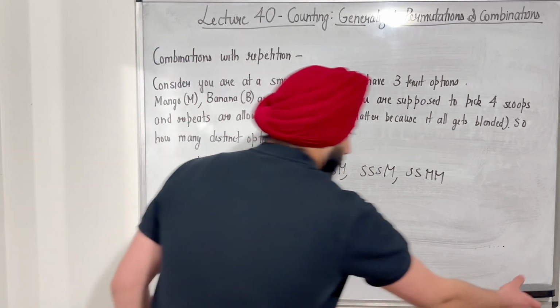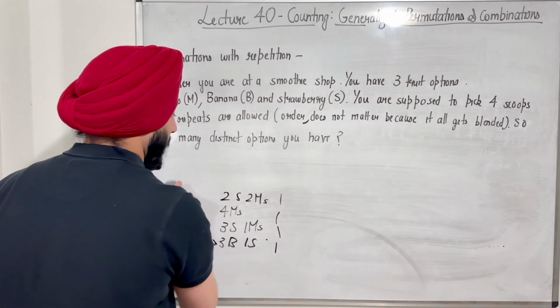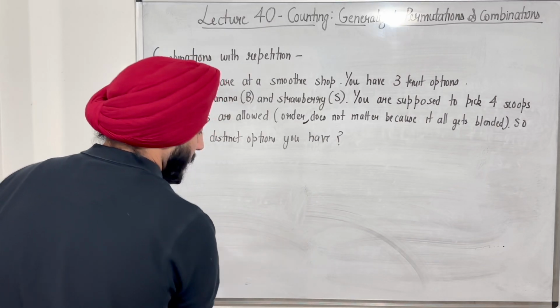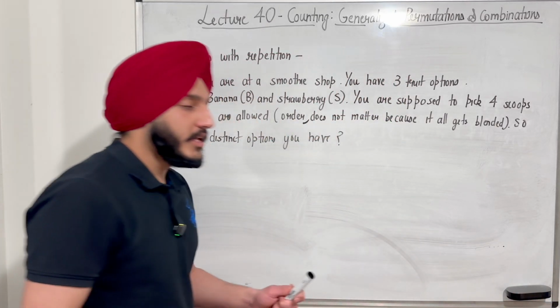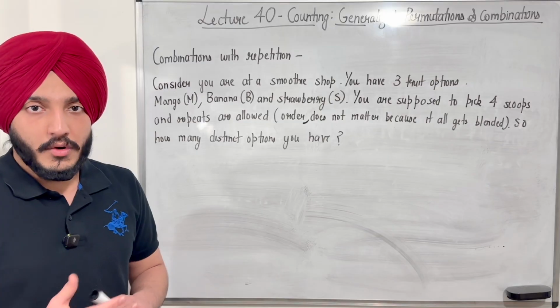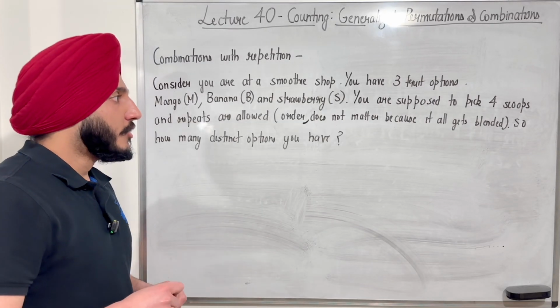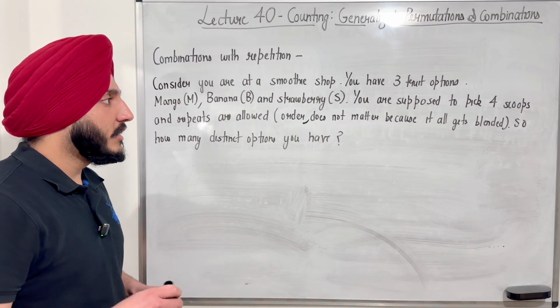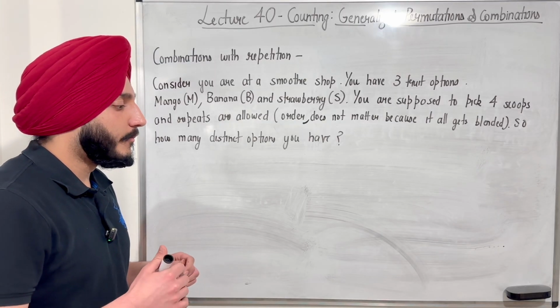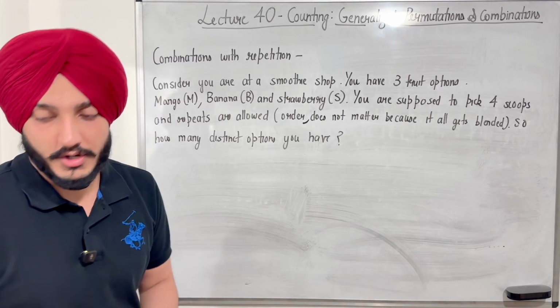Okay. Now let's try to actually understand this question, right? Since the only thing that matters is the count, I'm going to try to find the best way to get a formula for this question.